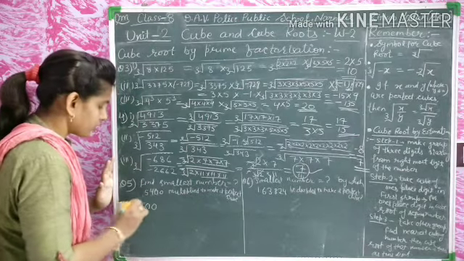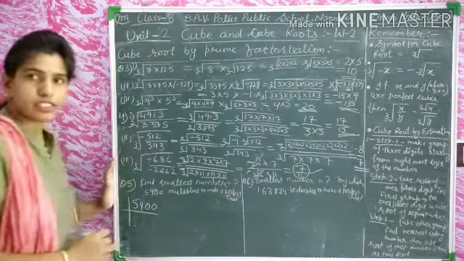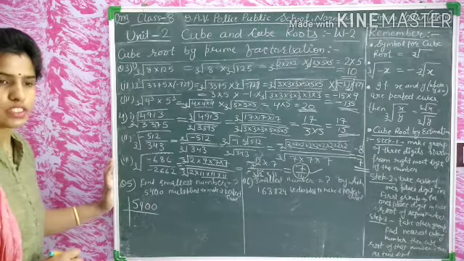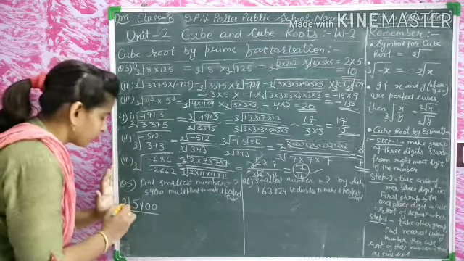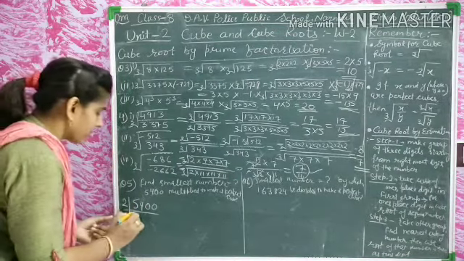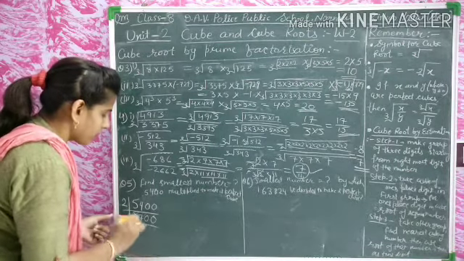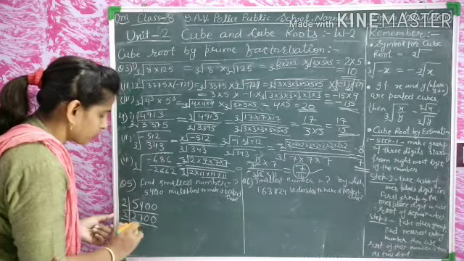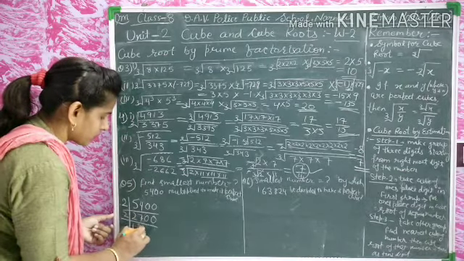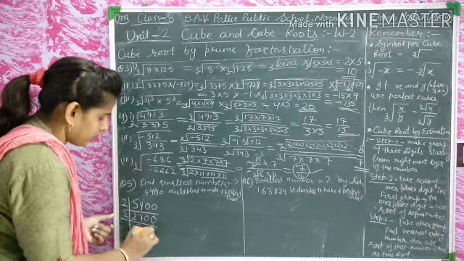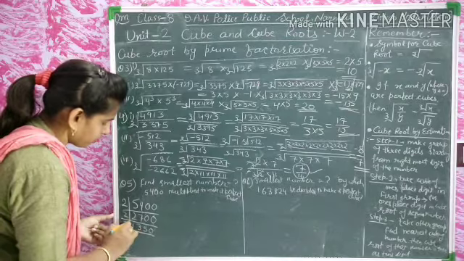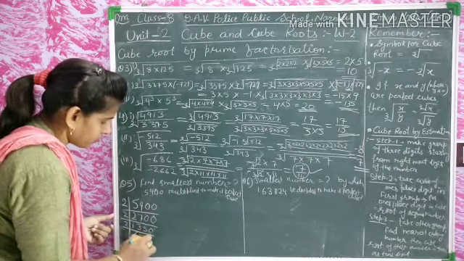5400. This has the prime factorization as follows: dividing by 2, 2 twos are 4, 2 sevens are 14, and 0 0. Now again dividing by 2, 2 ones are 2, 2 twos are 4, 2 threes are 6, 2 fives are 10 and 0. Now again dividing by 2, 2 sixes are 12, 2 sevens are 14, 2 fives are 10.